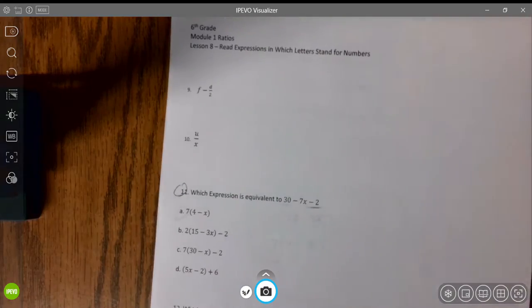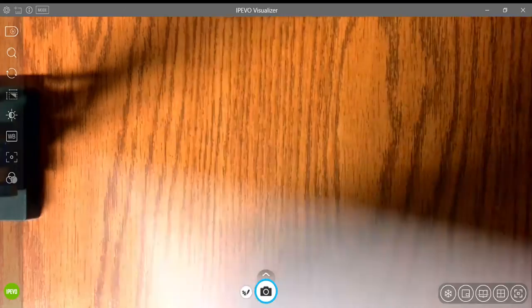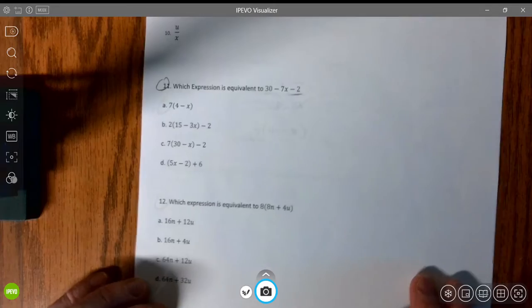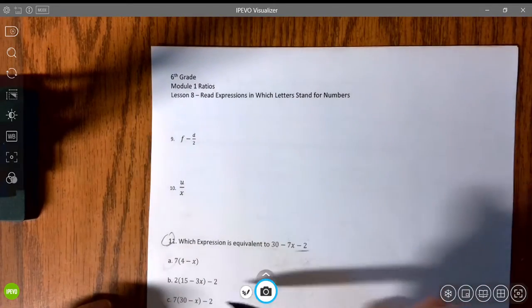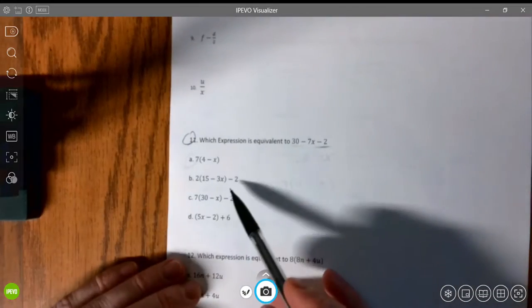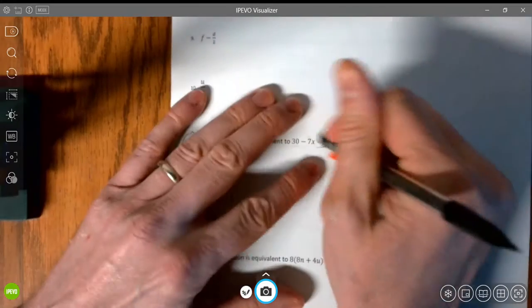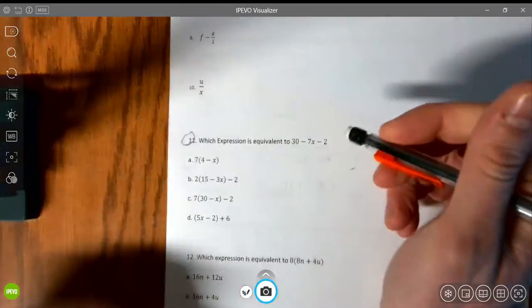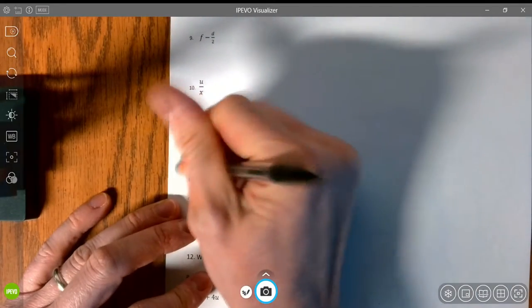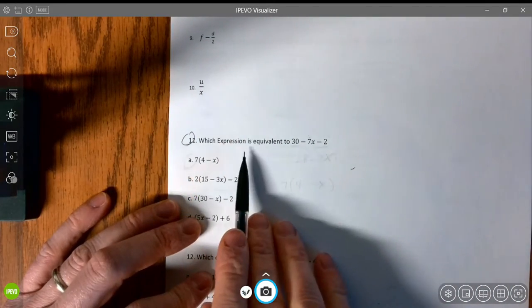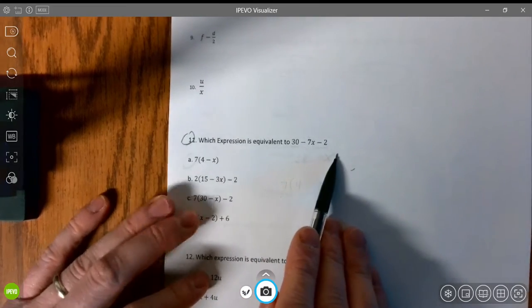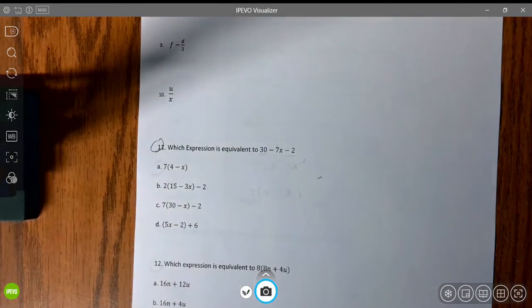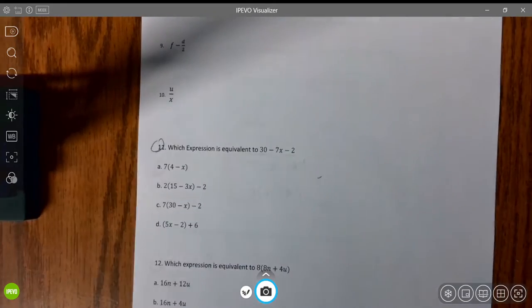All right, on the second page of our problem set, I got some more up here, which are just like the ones in the front. And then if we come down here, we got this fun guy, number 11. Which expression is equivalent to 30 minus 7x minus 2? Well, what I have to do first is combine my like terms.